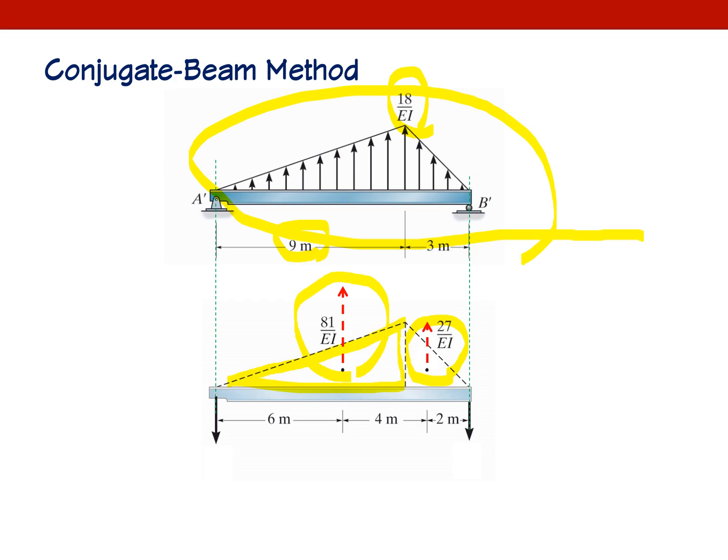And for this triangle, we are going to have 27 over EI. And if you calculate your reaction, it will be 45, 63 over EI. Those are reactions. Now, my conjugate beam is in equilibrium. Okay, again, the conjugate beam is an imaginary beam, but make sure that your conjugate beam is also in equilibrium. Very, very important.